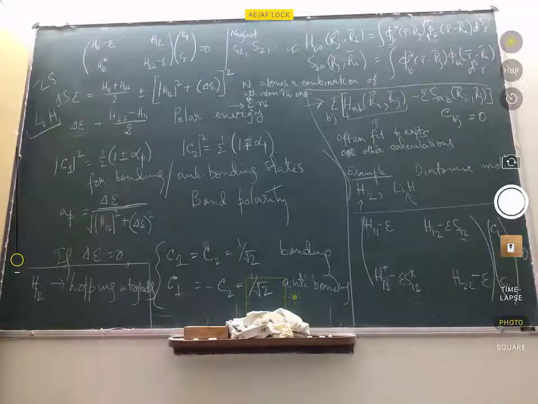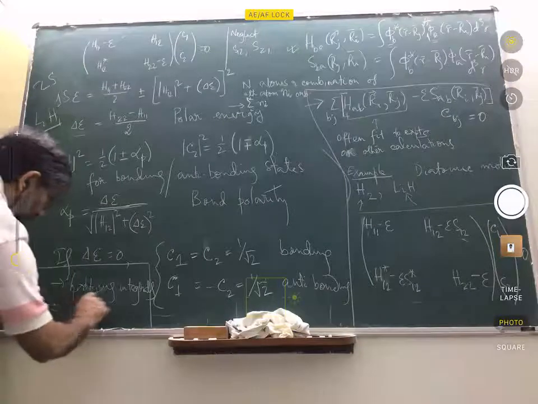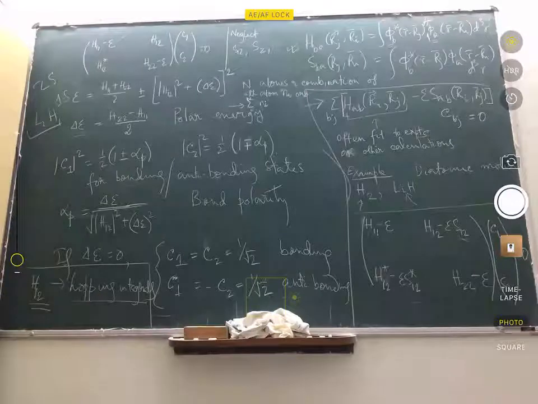Those two will give you the bonding and the anti-bonding states. And these off-diagonal matrix elements, H12, in the molecular context are sometimes called covalent terms or covalent energy. And in the context of solids, these are called the hopping integrals. It connects an orbital on one atom to an orbital on another atom.